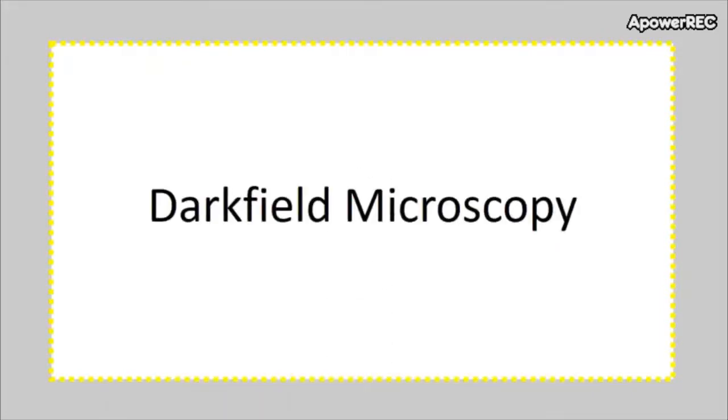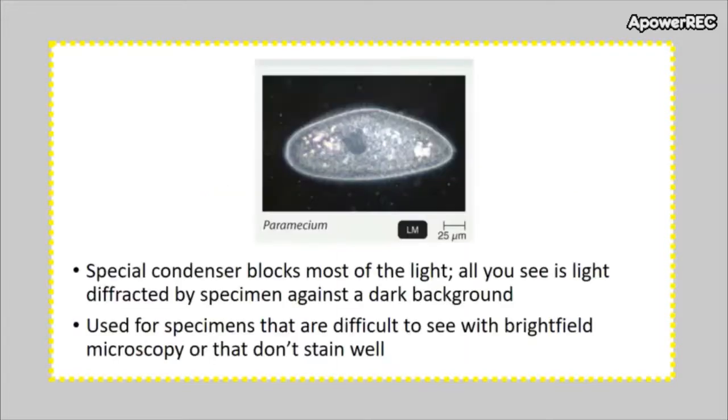Now we have Darkfield Microscopy. Okay, so Darkfield Microscopy uses a special condenser. Remember, that's the part of the microscope that concentrates the light onto the specimen. And what it does is it blocks out most of the light.